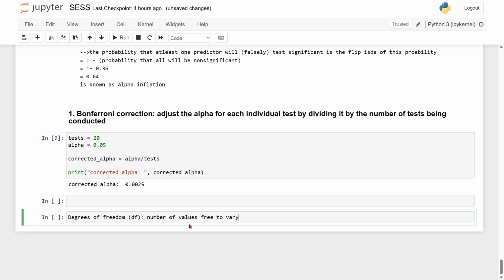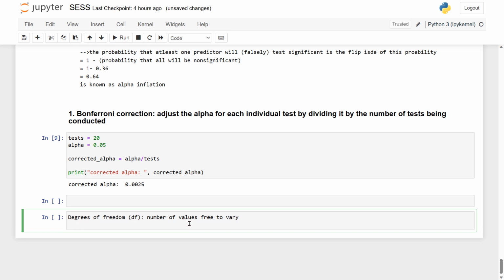Simple. The simplest definition for degrees of freedom. Now let's take one example. So we know the mean of 10 values is equal to, say, 60.